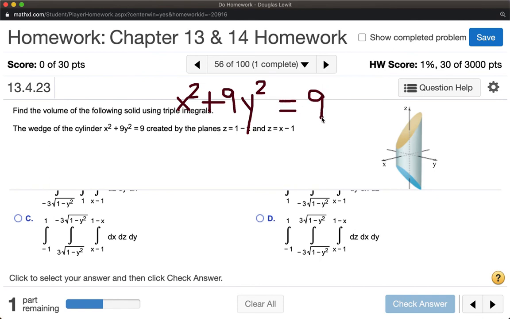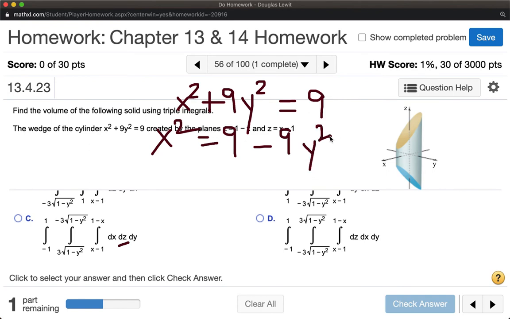Actually, no wonder those aren't the z limits anyway. C definitely isn't going to work because these are not the right z limits anyway. But forget about that for just a moment. Let's figure out x. So x squared is going to be equal to 9 minus 9y squared.